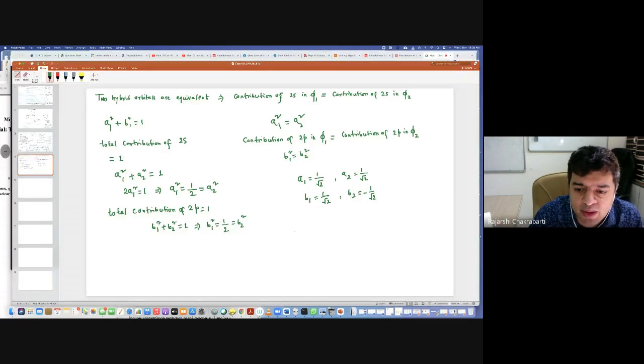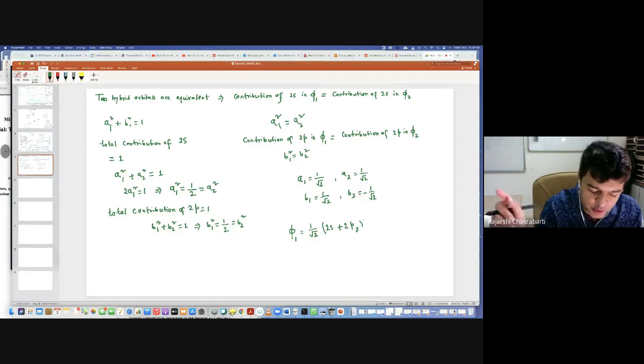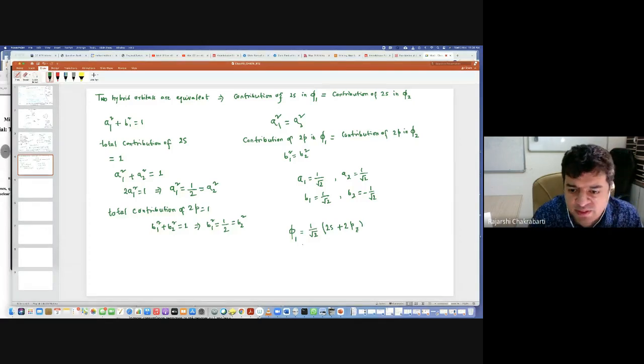So as a result, phi 1 is 1 by root 2 times (2s plus 2p), where this 2p is chosen along the z axis, so the bond is along the z axis, and phi 2 is 1 by root 2 times (2s minus 2pz).